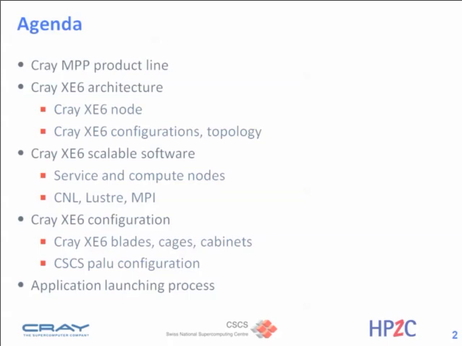I'm going to start from some years ago when we started the Cray MPP product line, and then I'll show you where this architecture comes from, and then I'll talk about the architecture, about the software, about the configuration, and I'll show you what it takes to run an application on this machine from a user point of view.